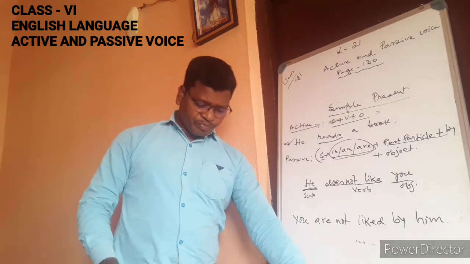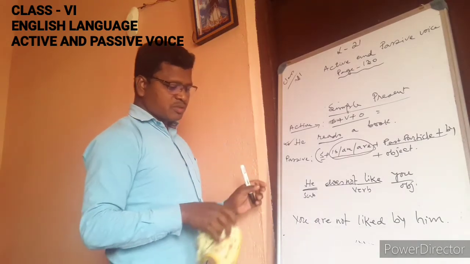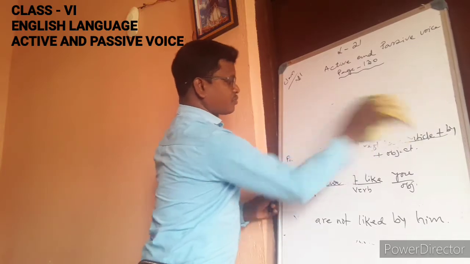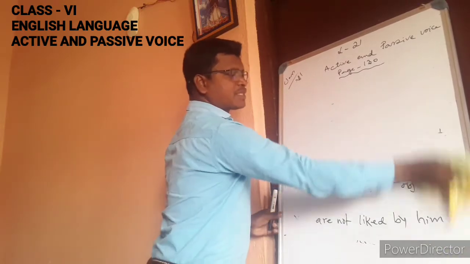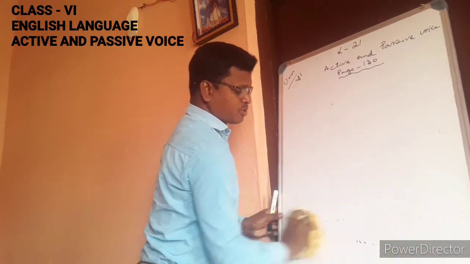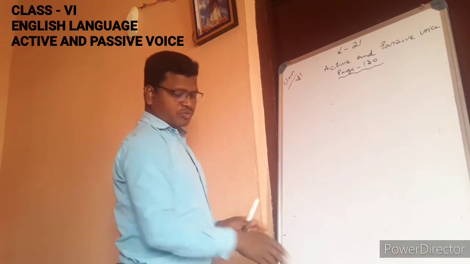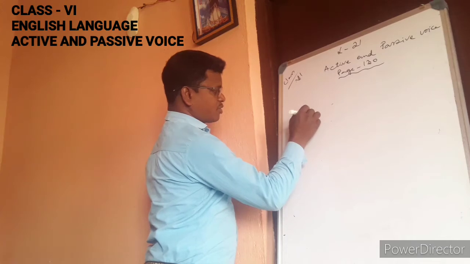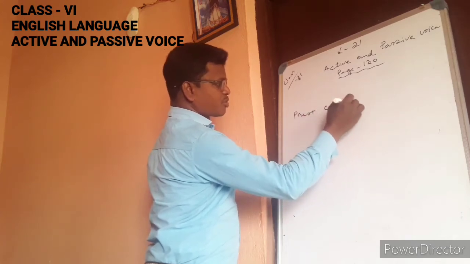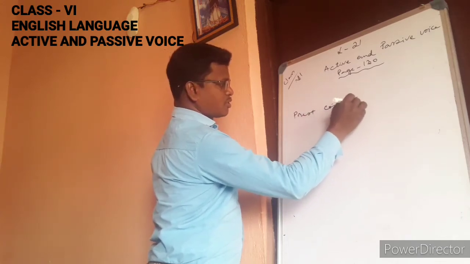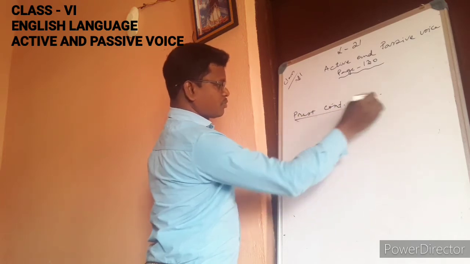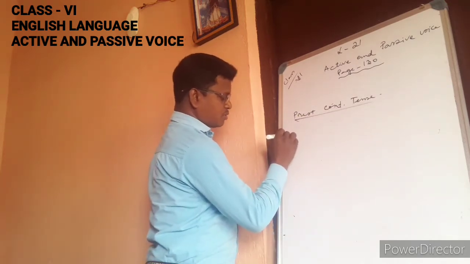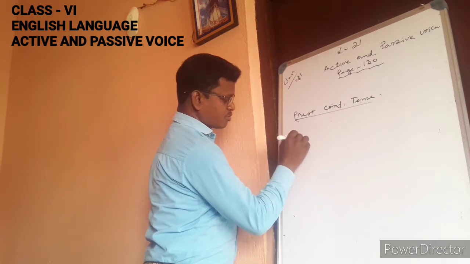Now I will show you a little bit of present continuous. If the sentence is in the present continuous tense, how will you write? I'll just write the pattern for the passive voice.